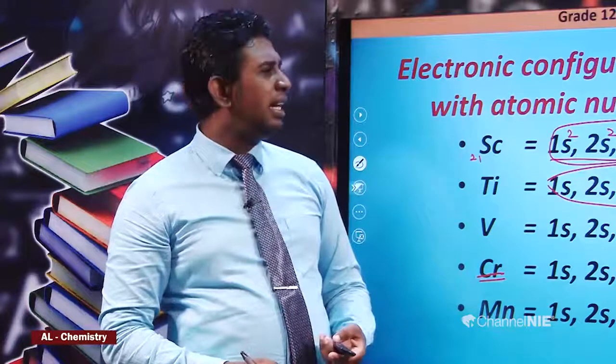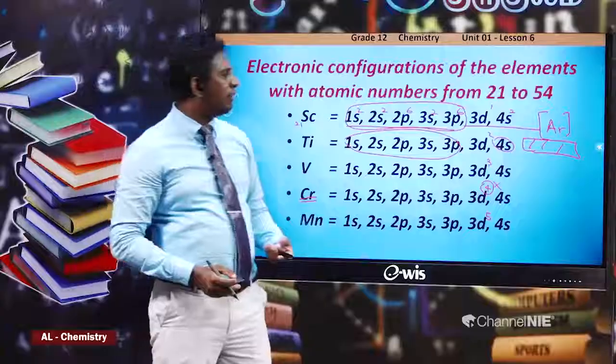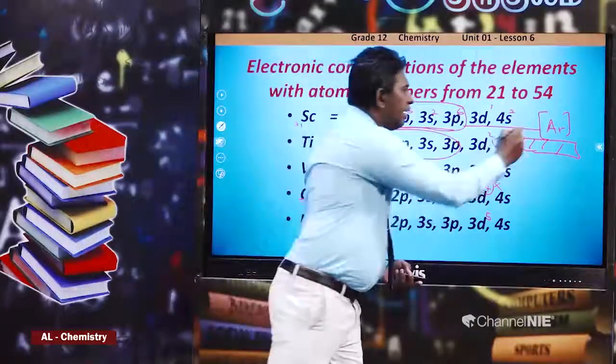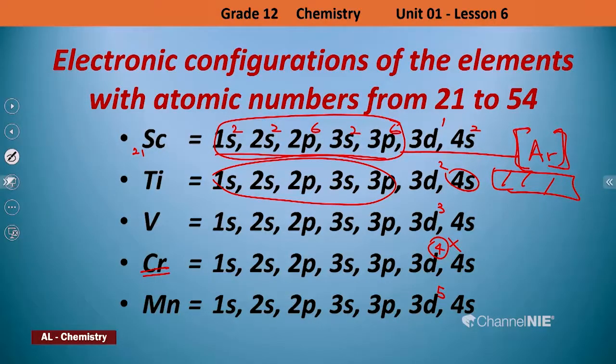So, for our easy use, I am going to compress it, giving argon here. Till there you meet argon's electronic configuration. Then after argon's configuration, you have 3d and 4s.